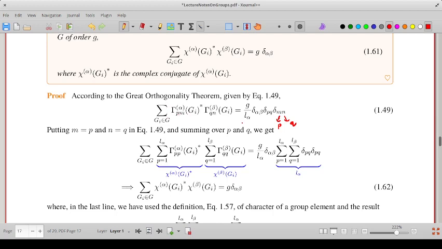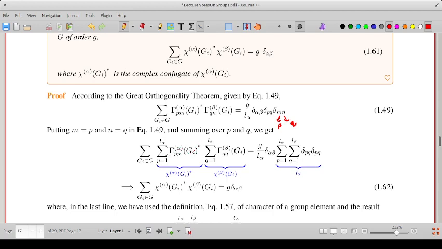So summing over p and q with m equal to p and n equal to q, we get the summation over Gi, then the sum over p of gamma alpha pp star. So the sum over p runs from 1 to L alpha, because gamma alpha has dimension L alpha. So gamma pp alpha Gi star.